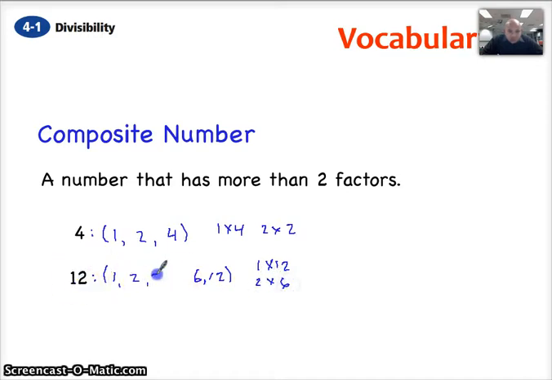And we also have 3 and 4 because 3 times 4 equals 12. All these numbers, 6 numbers in all, indicate that 12 is a composite number because these are all factors of 12. Remember, a composite number has more than two factors.